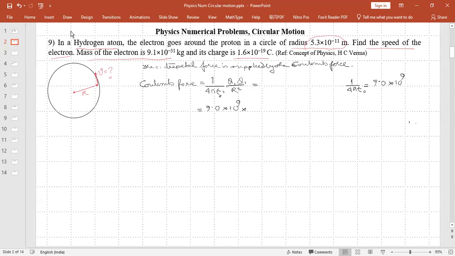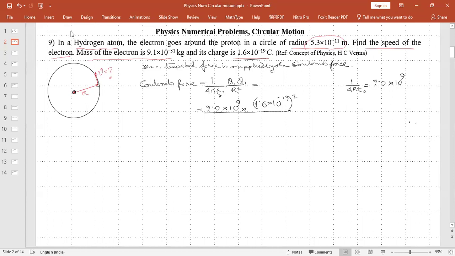Here there is one proton and one electron, so both charges are the same magnitude. So we can take it as Q square. And the charge is given as 1.6 into 10 to the power minus 19, so 1.6 into 10 to the power minus 19 square, divided by R square.